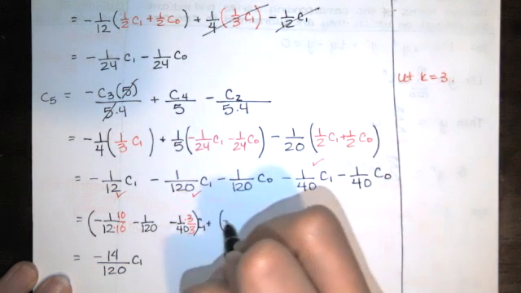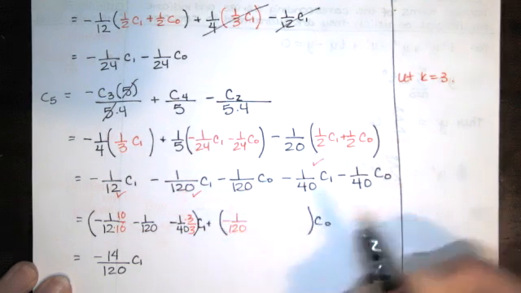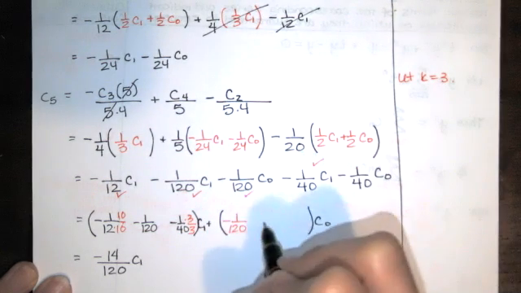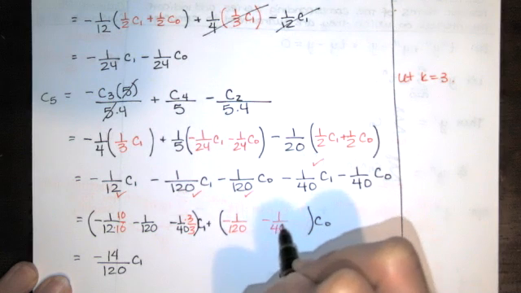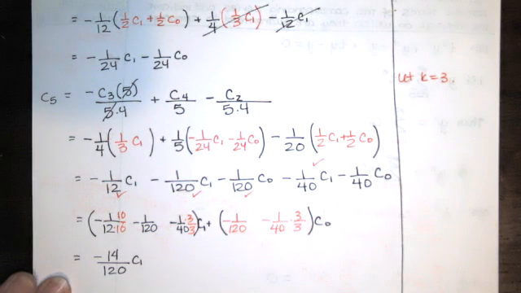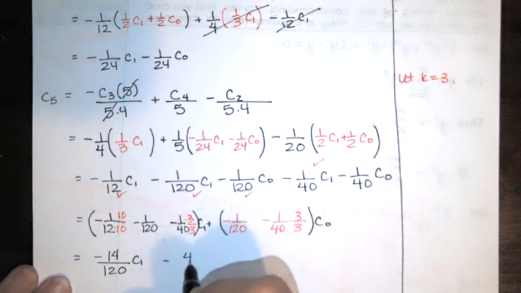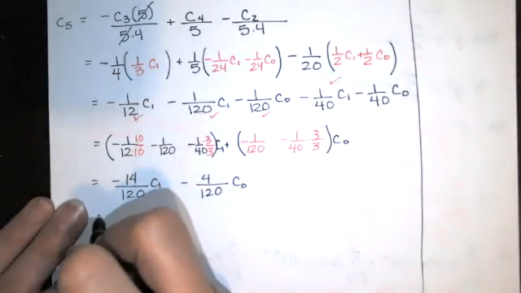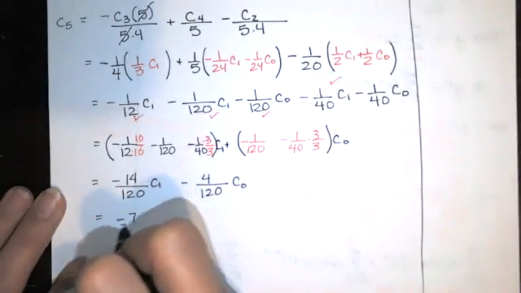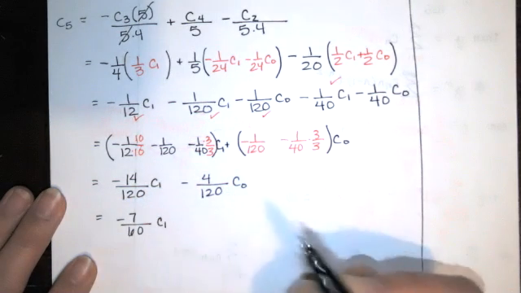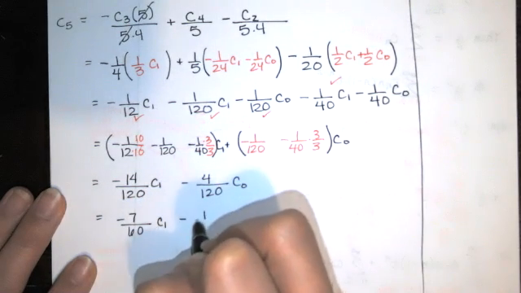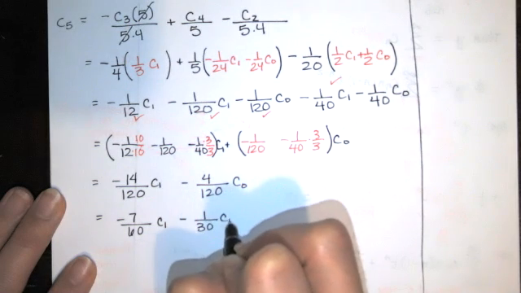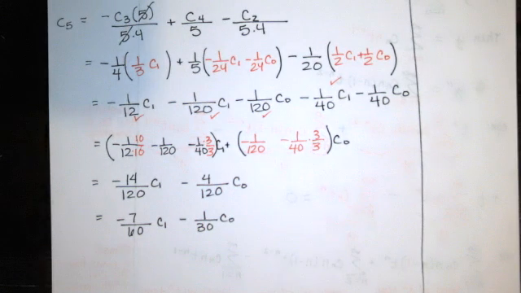For the c sub 0 terms, you've got negative 1 over 120 minus 1 over 40, when multiplied by 3 over 3 there. So we have minus 1 minus 3 is negative 4 over 120 times c sub 0. Now this one can be simplified further. Divide the numerator and denominator by 2. Here we can divide the numerator and denominator by 4. And we get that.